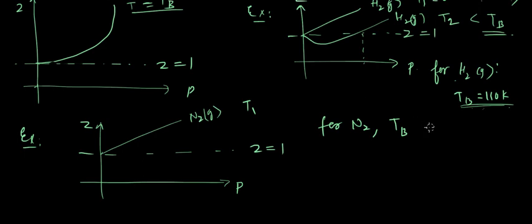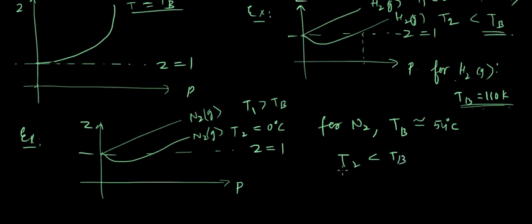This T1 would be greater than TB because it is going up the Z equals to 1 line. And for T2, let's say the temperature was given as 0 degrees Celsius. As T2 is less than TB, the graph of nitrogen would go first below the line and then above the line, which is Z equals to 1.